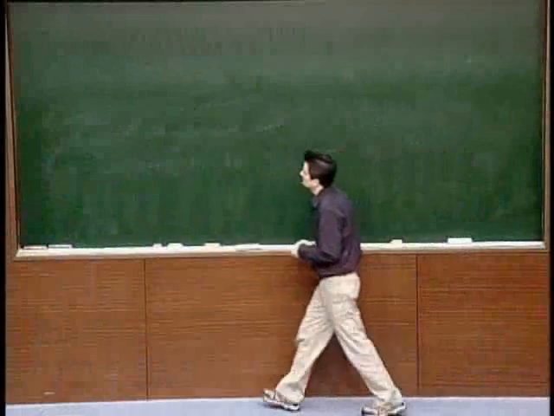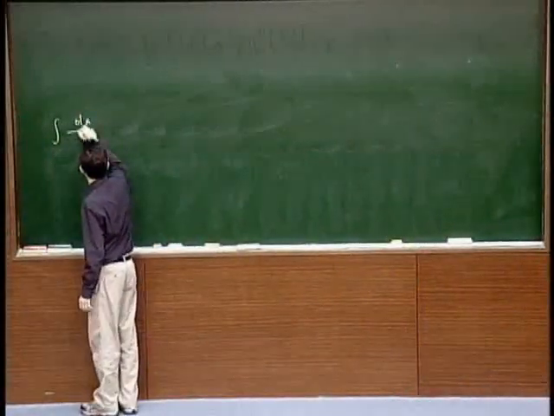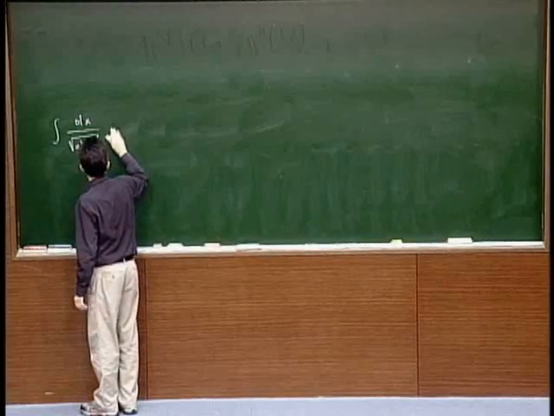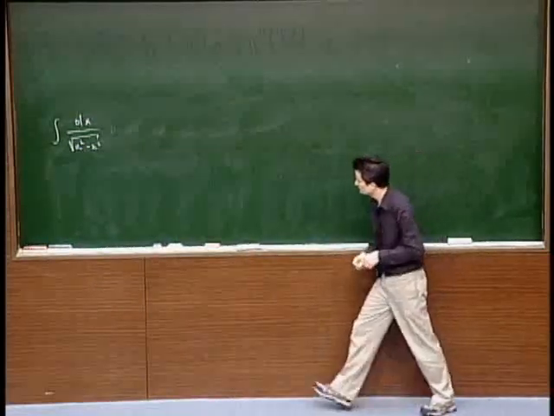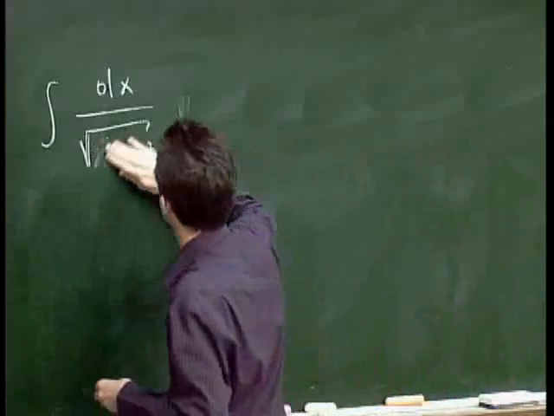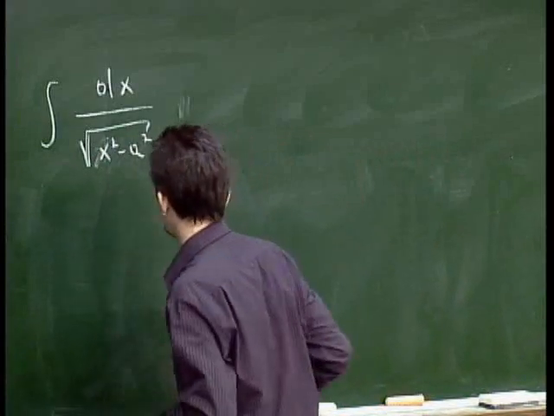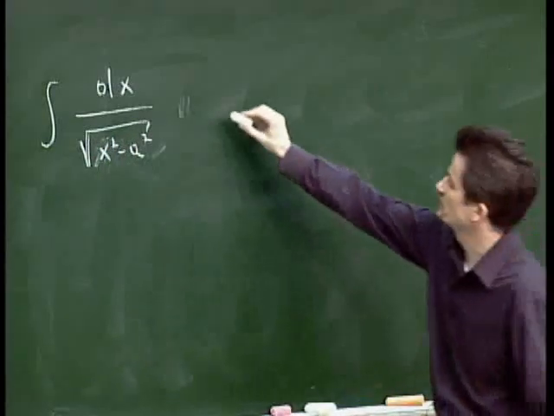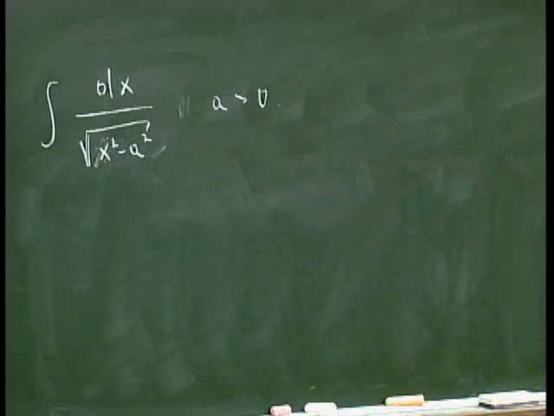Now another example is this one. The integral with a larger than 0. As I have explained, you can use here two substitutions, either secant or hyperbolic cosine.